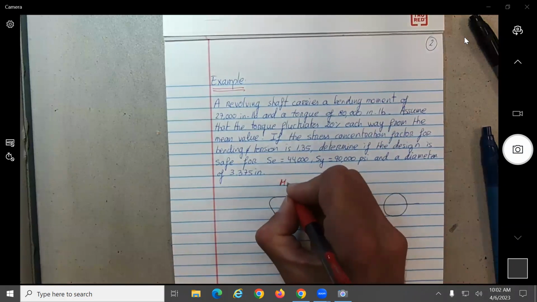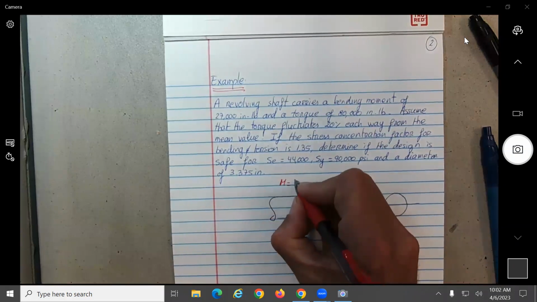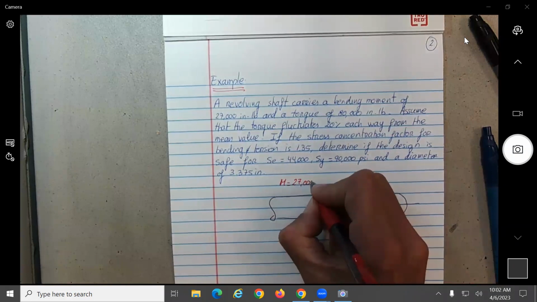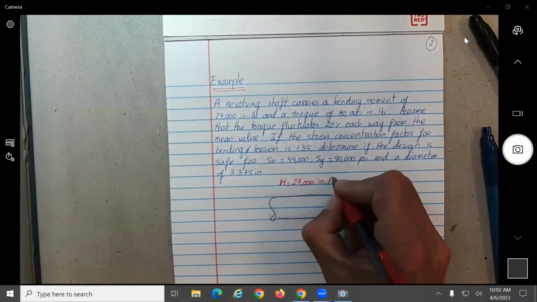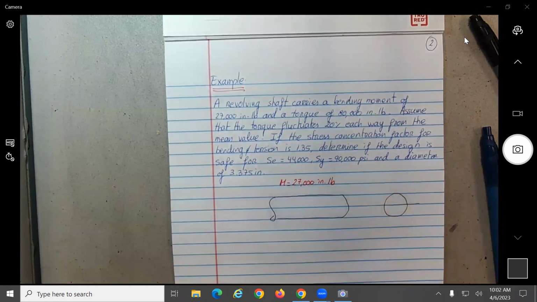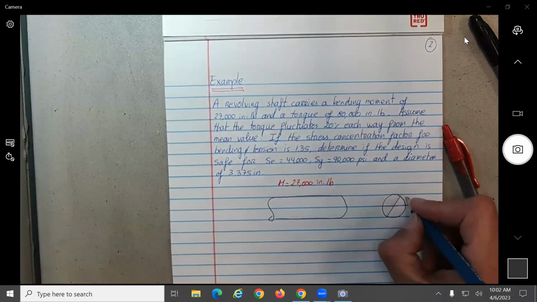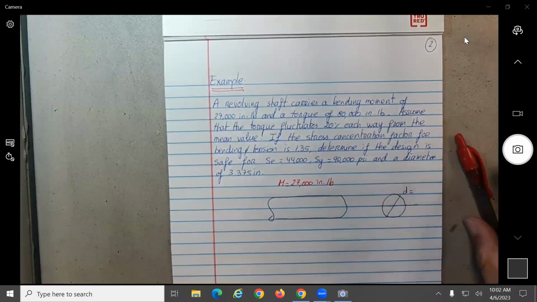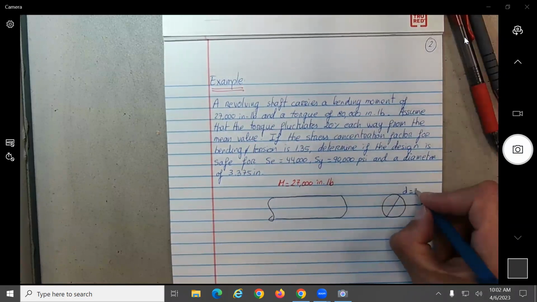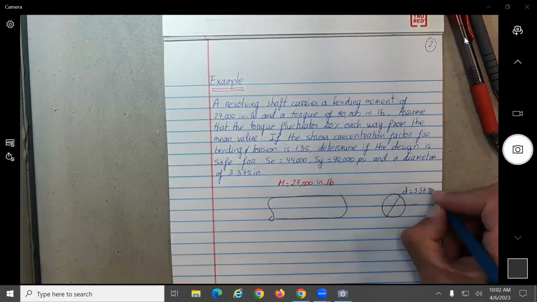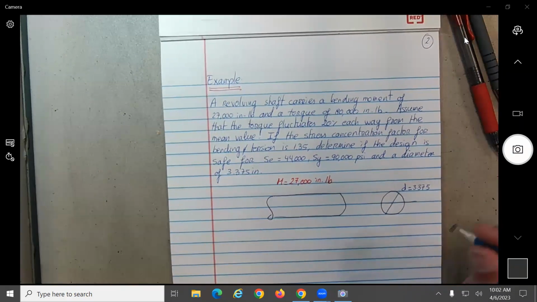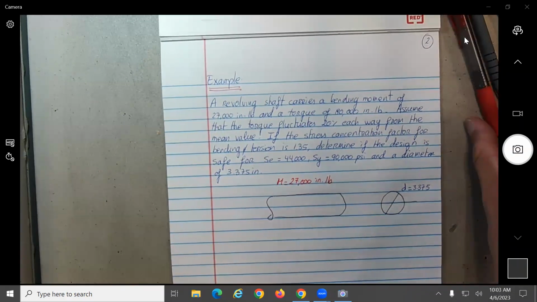So let's say here I will put M equals 27,000 inch per pound. Now they tell you that the diameter is 3.375. And that is a torque.